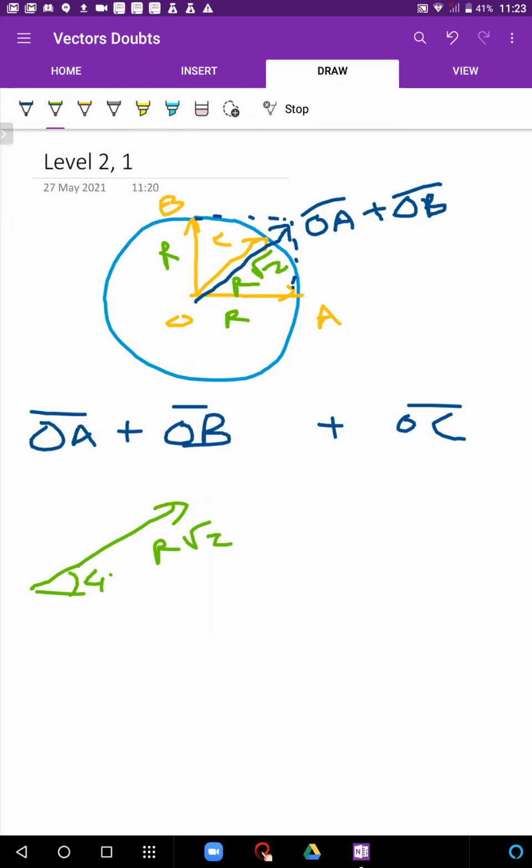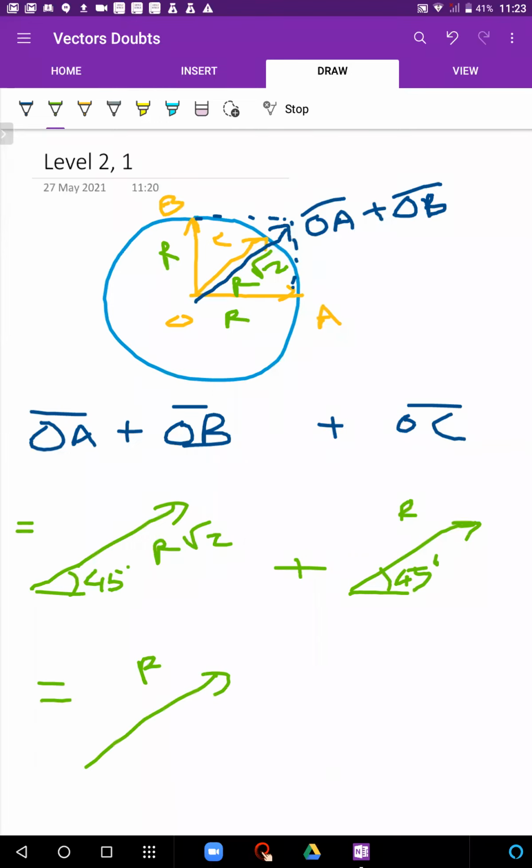So just add up the magnitudes. They are along the same direction. When they're along the same direction, you can just add them up and you'll get R root 2 plus R. That's your answer. समझ में आ गया?